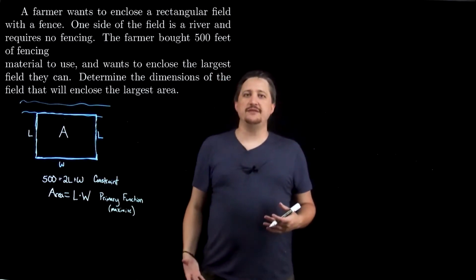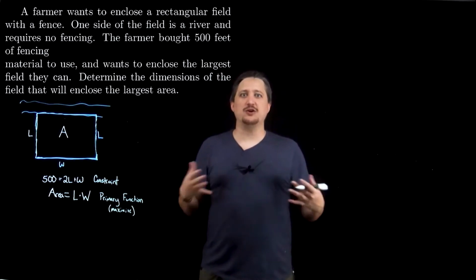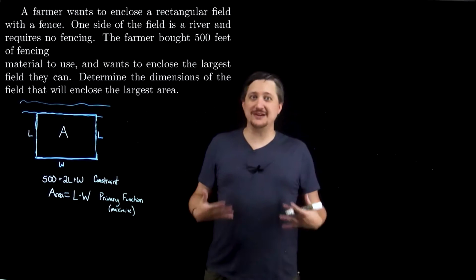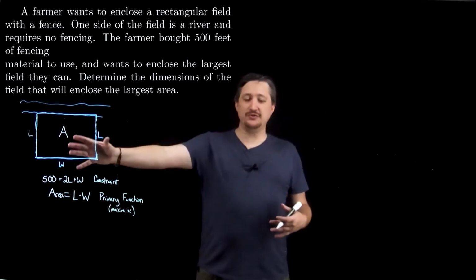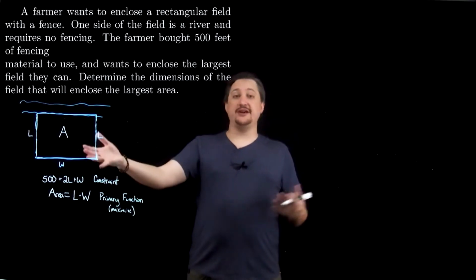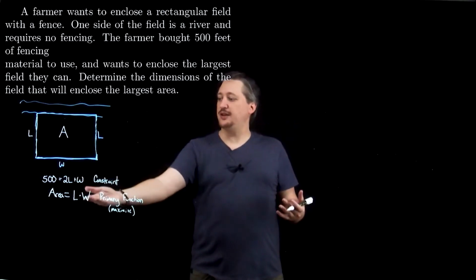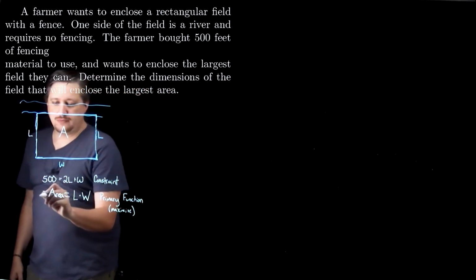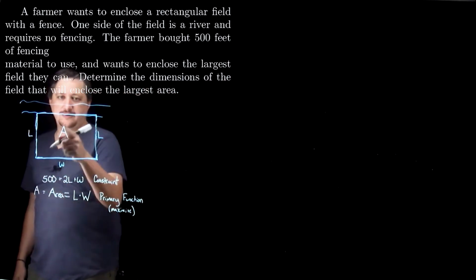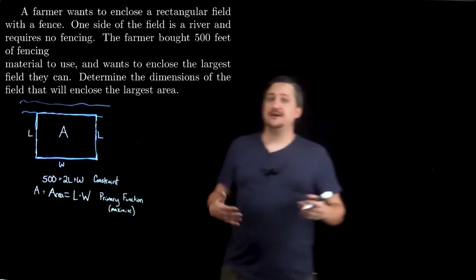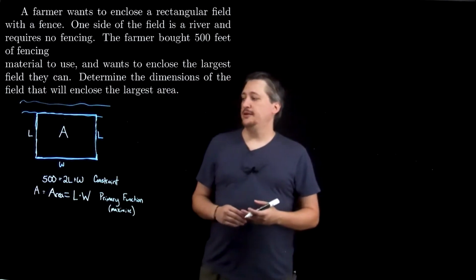Then we also know that our goal, the whole hope of this process, is to maximize the area. Using our picture, we came up with something that represents area. Rectangles are nice, so our area is just length times width, and I'm going to call that A, which is what I wrote here. So our goal then is to maximize A, to find the largest possible A.